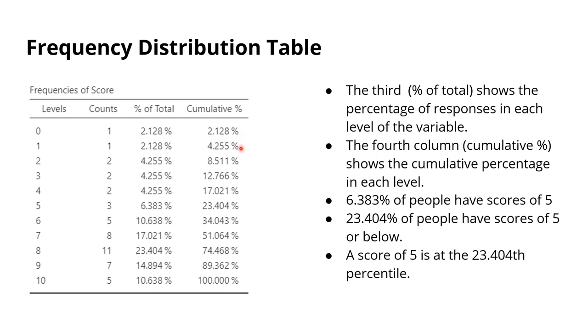Then the next category is 4.255, which tells us that 4.255% of people have scores of 1 or below. Okay. Coming down here to level 6, we have 34.043% of people have scores at or below a score of 6. Right? So this cumulative percent column gives you information about percentiles there.